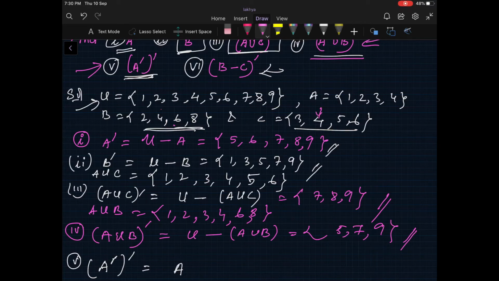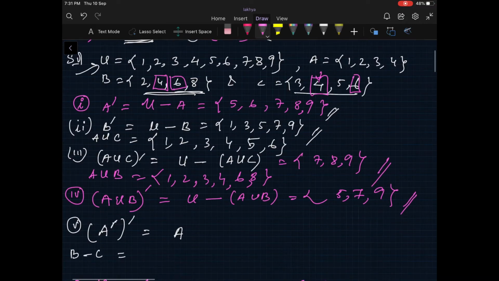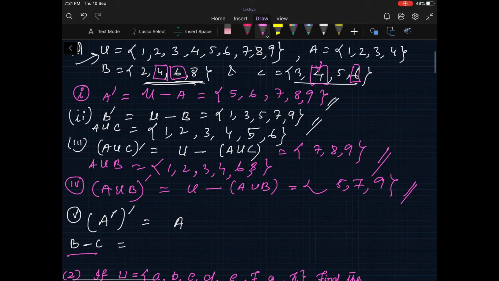Here you can see 4 and 6, these are the common elements in these two sets. So when you find B minus C, you have to eliminate those elements which are common in these two sets from set B, that is 2, 8.